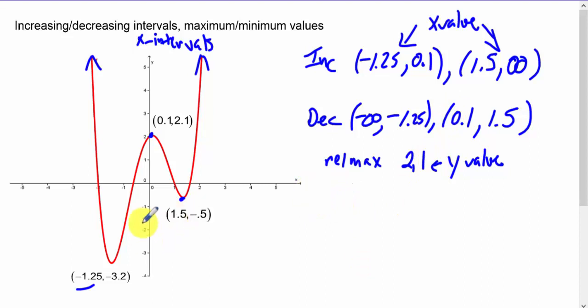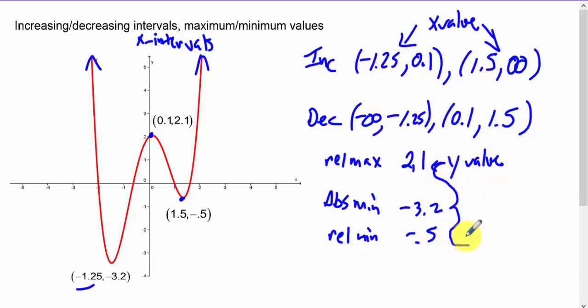Now we have two, or actually we have an absolute min at negative 3.2 and a relative min at negative 0.5. And again, these are all y values.